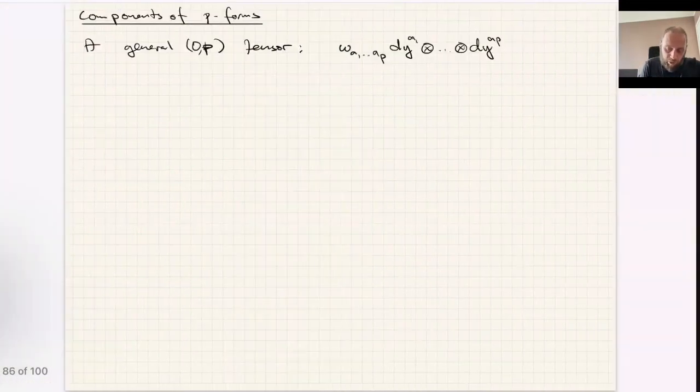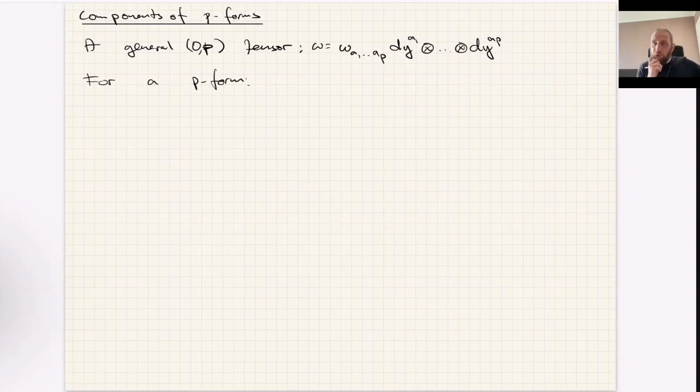So if I want to write a p form instead in terms of the wedged basis, I would have to divide by p factorial, and then I would put the wedge basis.